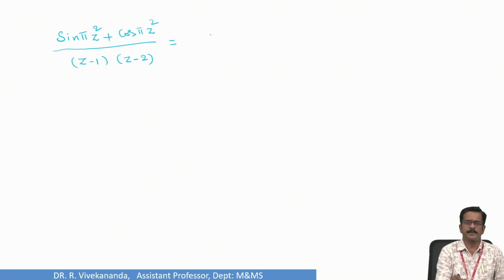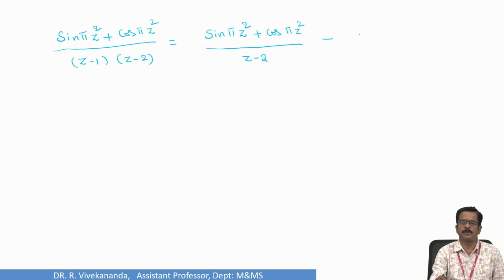I am writing this as sin pi z square plus cos pi z square by z minus 2, minus sin pi z square plus cos pi z square by z minus 1.